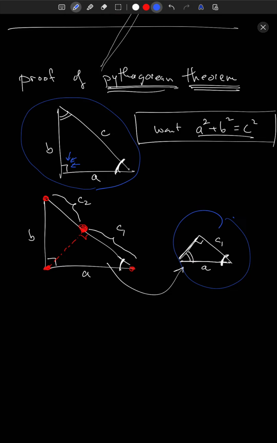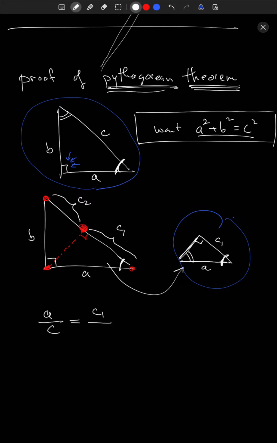Because they're similar, we have this proportionality property, which says that the sides opposite each particular angle have to be proportional. So, for example, the side opposite the right angle, the hypotenuse of both of them: the hypotenuse of this small triangle, A, over the hypotenuse of the big triangle, C, has to be equal to the length C1 on the small triangle over the corresponding length on the big triangle.